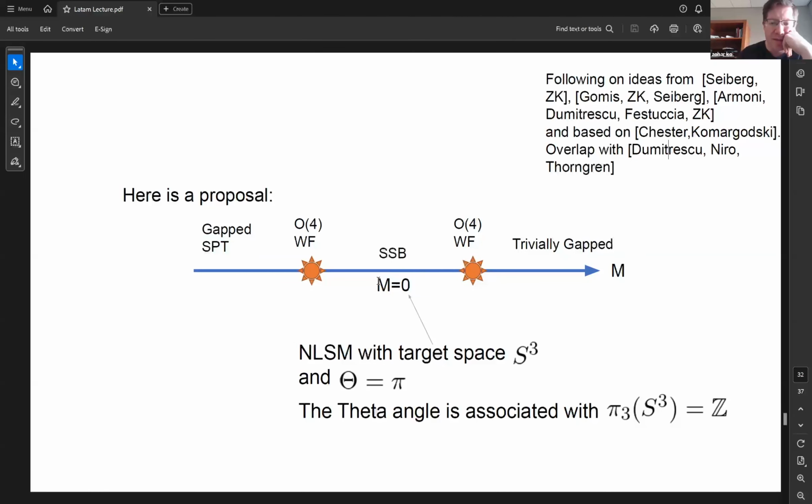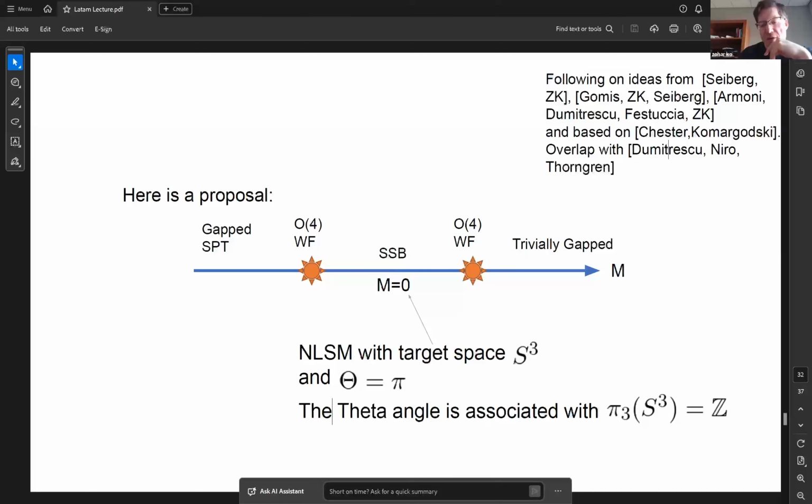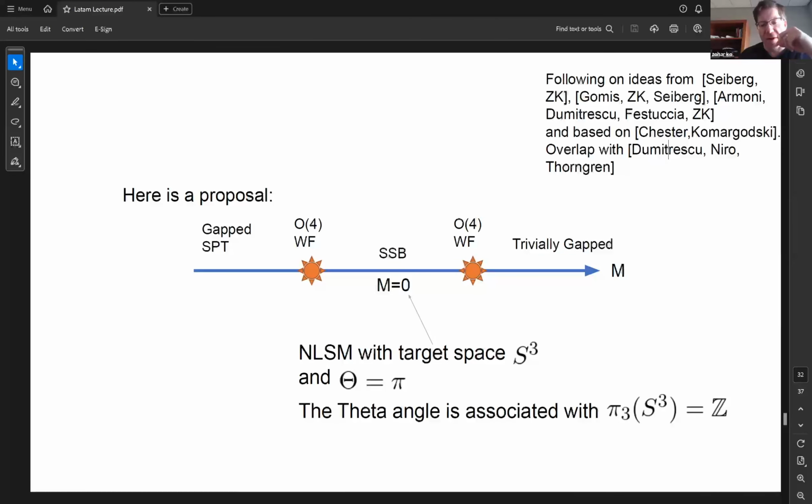And then we believe that when the anyons are very light, something very strange happens. You get a nonlinear sigma model with target space, which is the 3-dimensional sphere with a theta angle. So the variables here are not anyons anymore, but it's just the arrow that sits on the 3-dimensional sphere. And you write a simple kinetic term for this arrow.